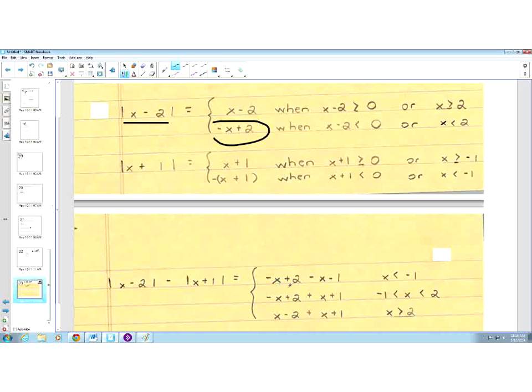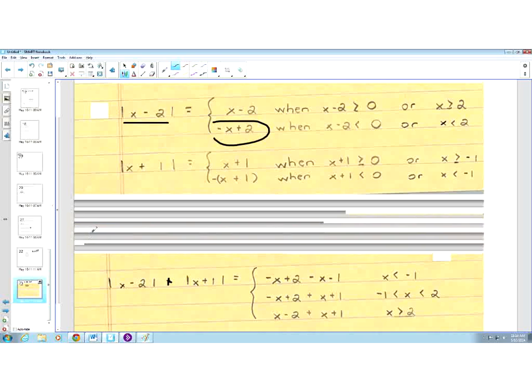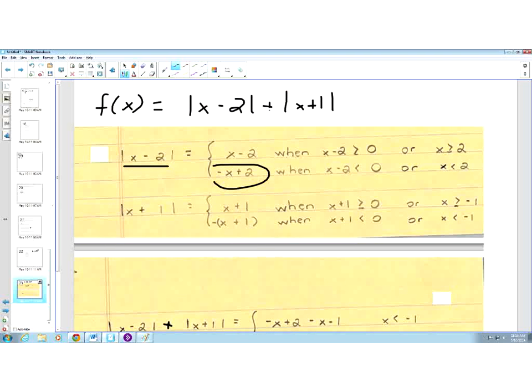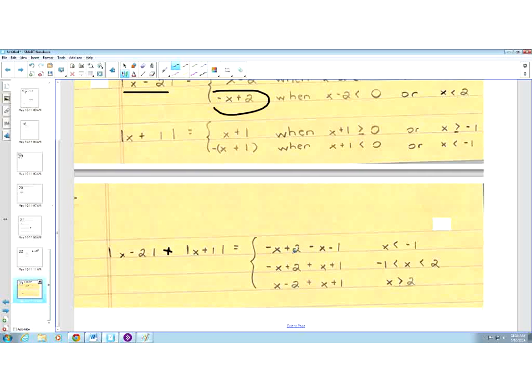We replace it with an expression without absolute value. And then the absolute value of x plus 1 is equal to negative x minus 1 when x is less than -1. And why don't we go ahead and make this an addition. I'm going to fix that. I'm going to make this an addition, okay? And so this is the function when x is less than -1.